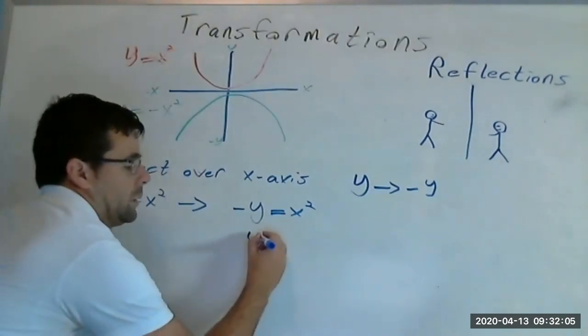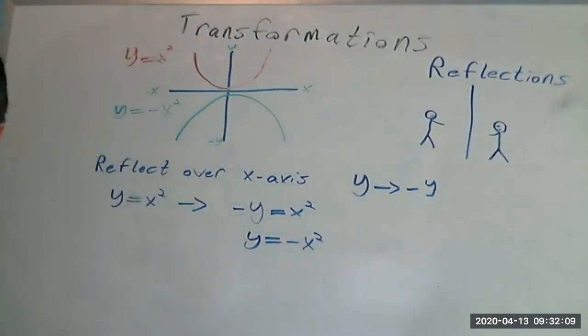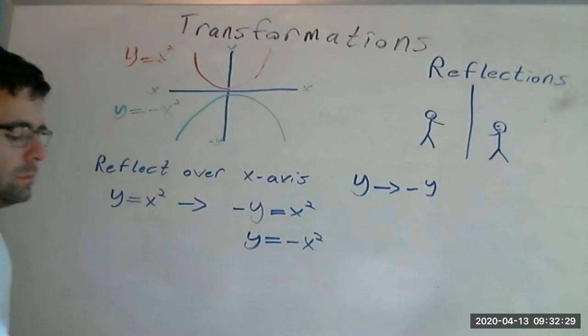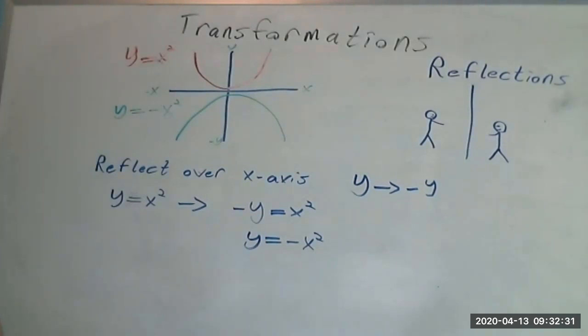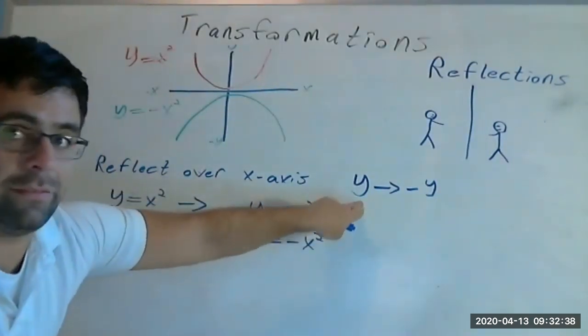So we get y equals negative x squared. Okay? So same idea as before. Whatever transformation we're trying to do, we do it to the variable. And in this case, if we're flipping over the x-axis, then we have to flip the y variable.